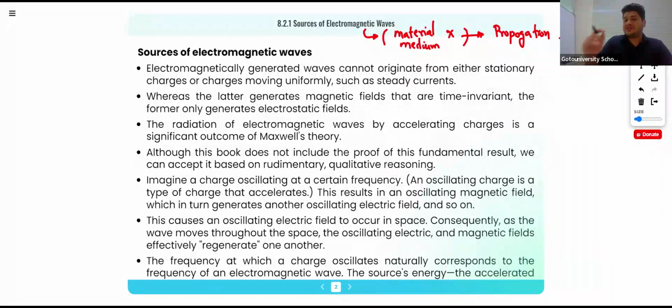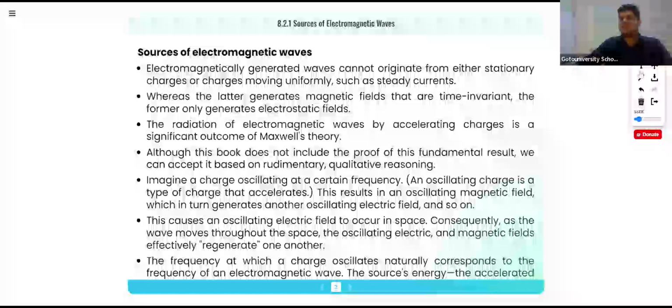Because for transferring sound, a material medium is required, but for transferring light, a medium is not required. So the waves for which a medium is not required are known as electromagnetic waves. Light is an electromagnetic wave. Now we'll see the theory in this part.